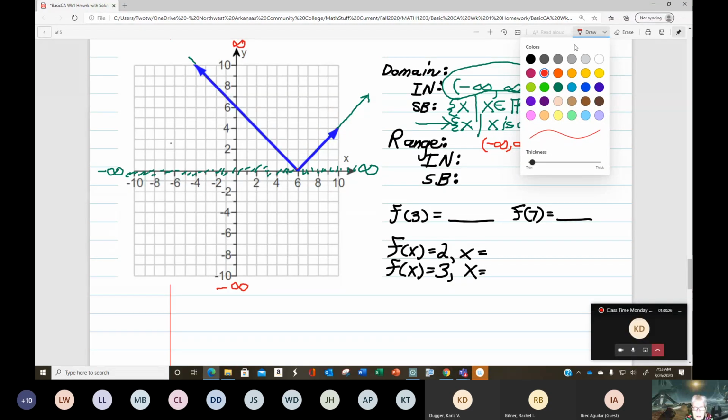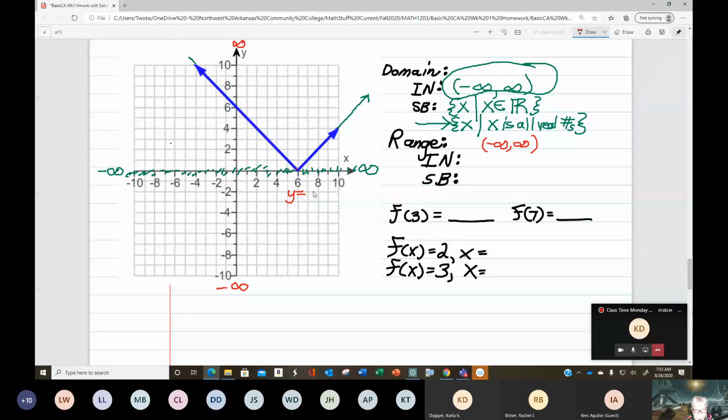Okay, fine. Let's see if it works. Might be a different color than I want. Okay. Y equals 0. That's what this is right here. And it's actually filled in there. I mean, it's not an open hole there. It's solid. So y actually does equal 0.